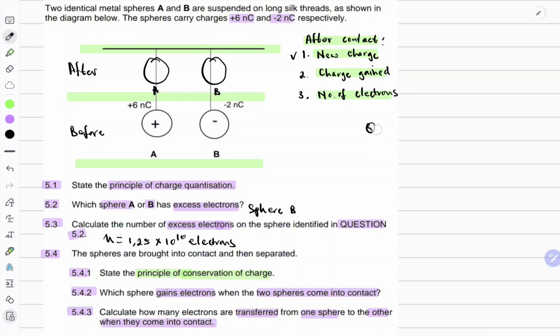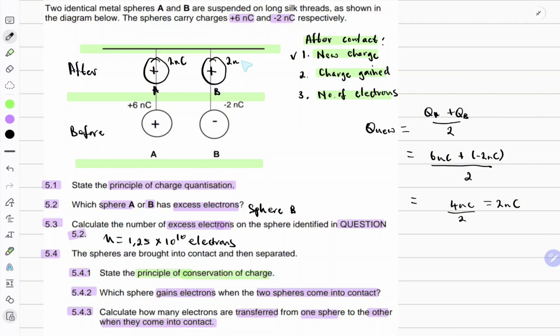You can say Q new on each sphere is equal to the charge of sphere A plus the charge of sphere B over 2, and the charge of sphere A is 6 nanocoulomb plus negative 2 nanocoulomb all over 2, and this here, 6 minus 2 is 4 nanocoulomb over 2, which is 2 nanocoulomb. So each sphere will have a positive charge of 2 nanocoulomb after the metal spheres have made contact.